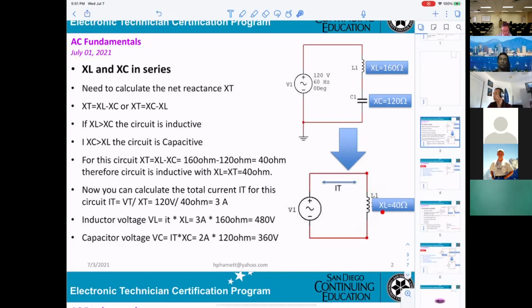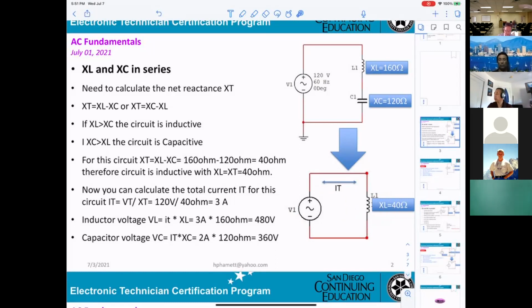And the value of XL is not 160 ohm. It will be the new value, 40 ohm. Then you can calculate the current easily. You take the V total divided by XL, you get the I total.